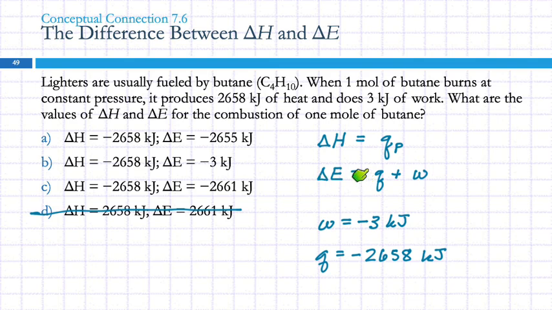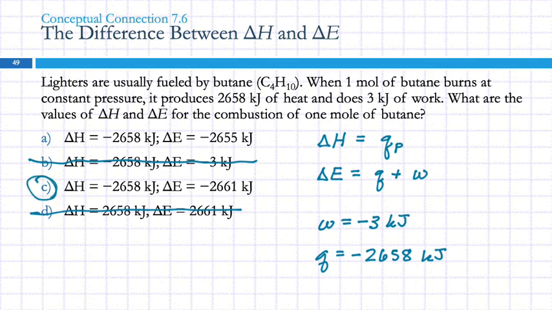Delta E is Q plus W. These are both negative. So am I going to end up with negative 2655, negative 3, or negative 2661? Well, negative 3 is ridiculous, right? It's going to be C.